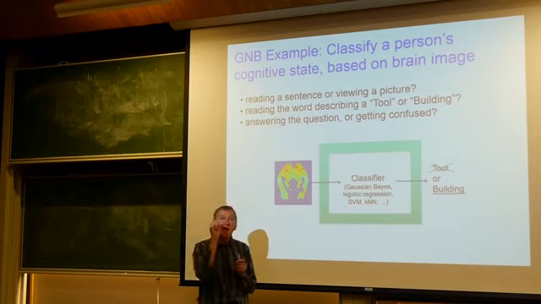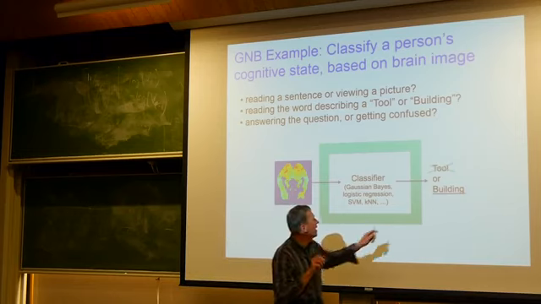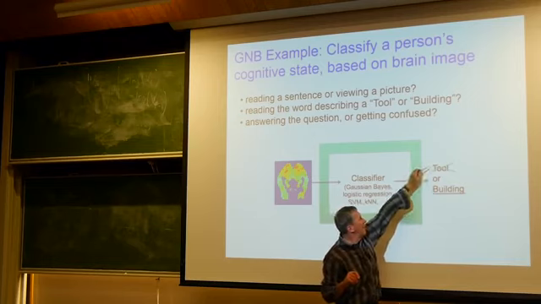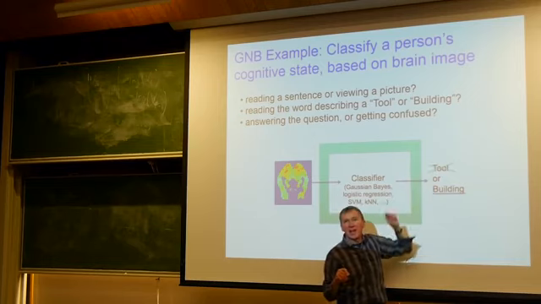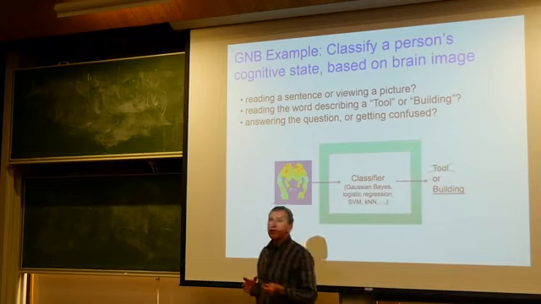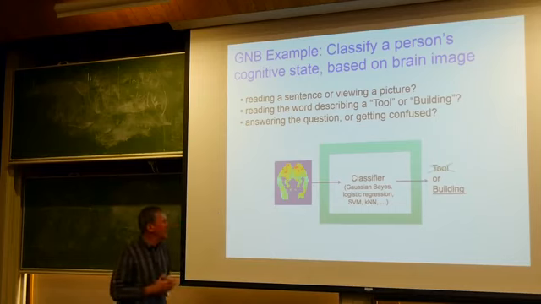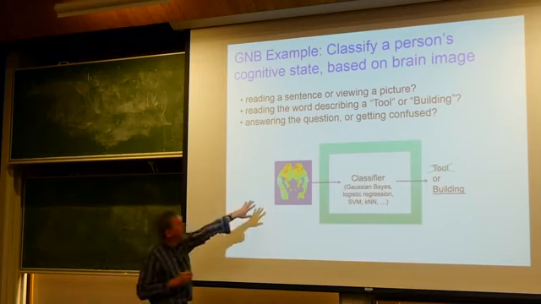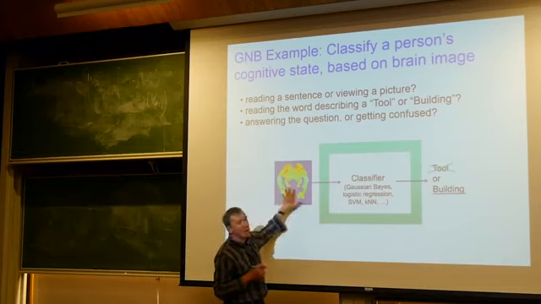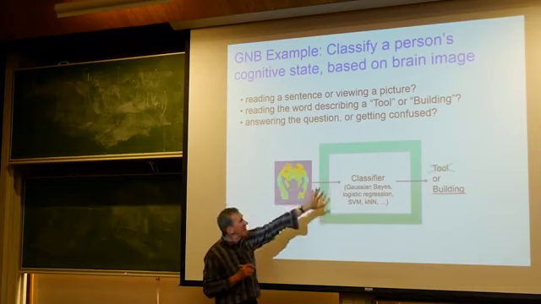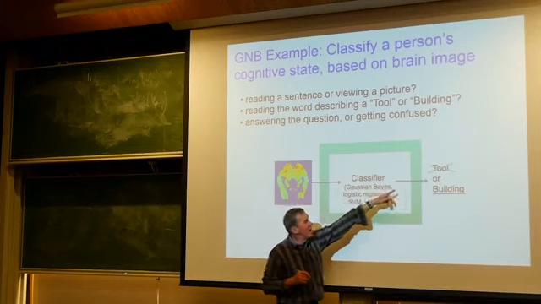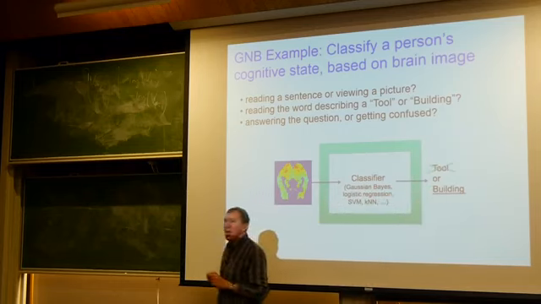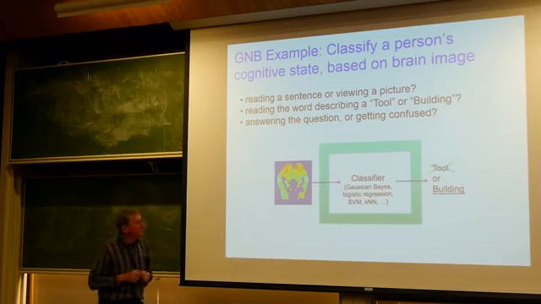So we put people in a scanner, we showed them words like house and palace and hotel, or tool words like hammer and screwdriver and saw. And then we tried to train a classifier to look at their brain activity and tell yes or no, were they thinking about a tool word or a building word at the time that we captured the brain activity.